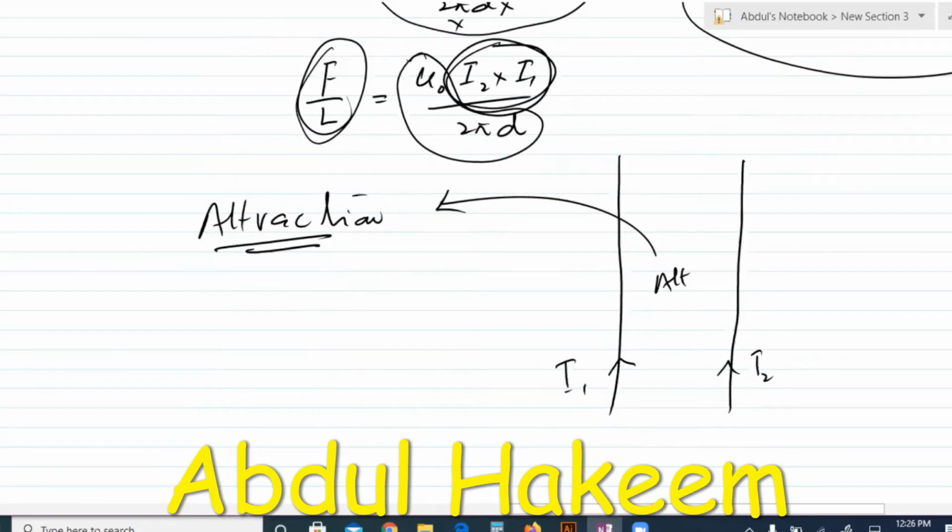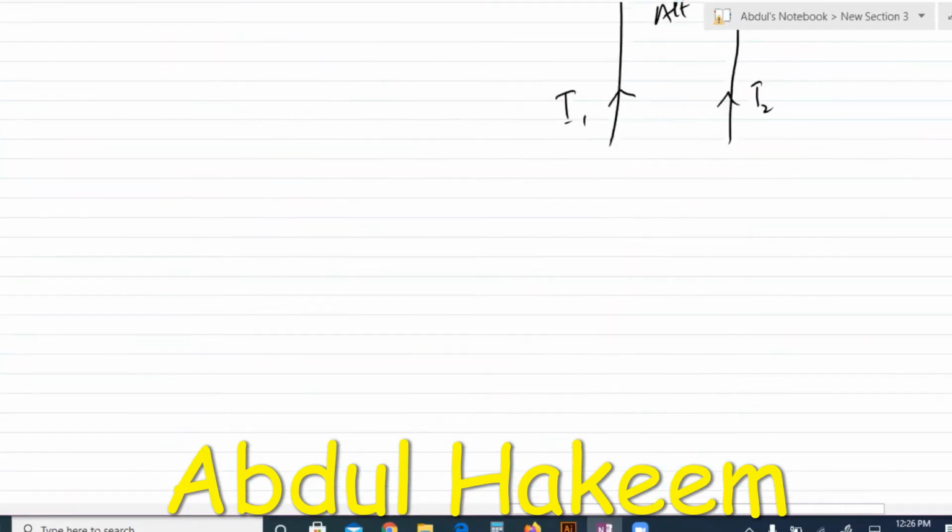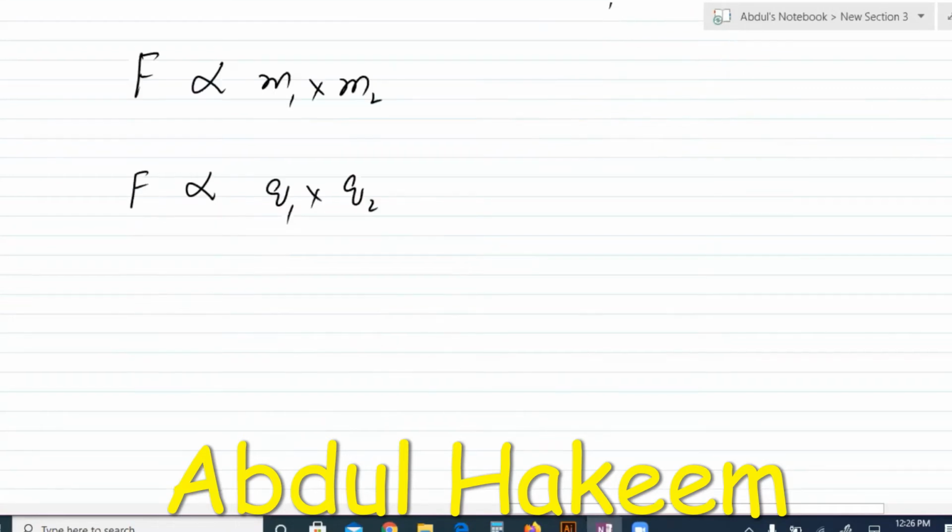It's similar to the other fields. In the gravitational field, force is directly proportional to the product of the masses. In electric field, electric force is directly proportional to the product of the charges, and here in the magnetic field, force is directly proportional to the product of currents.